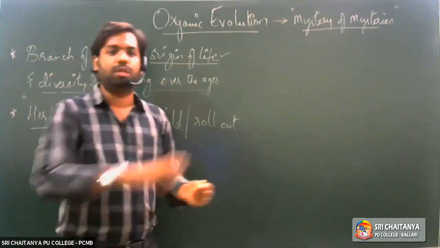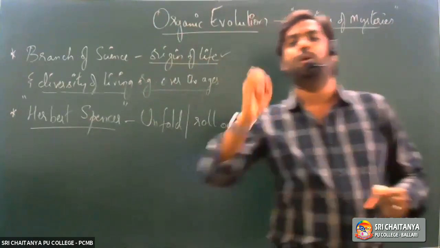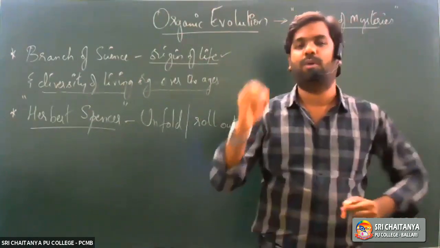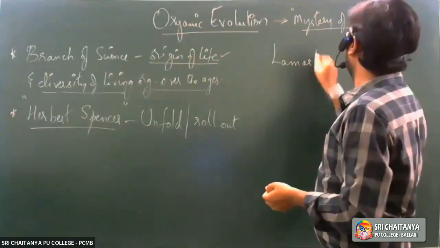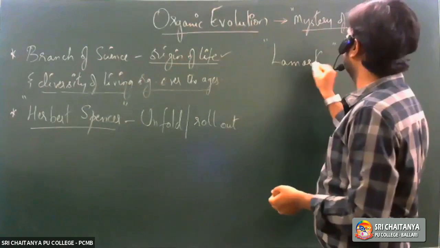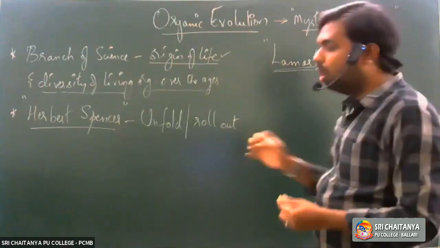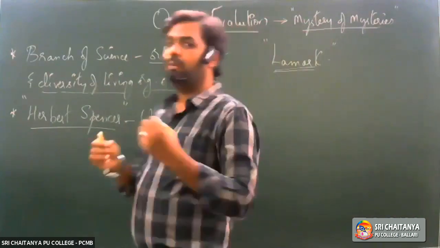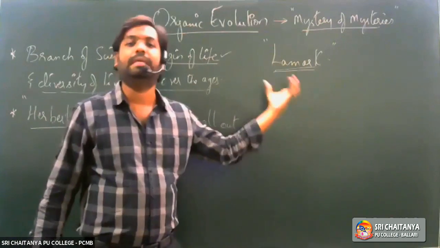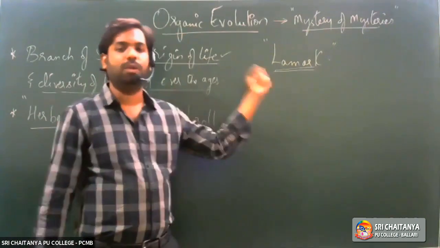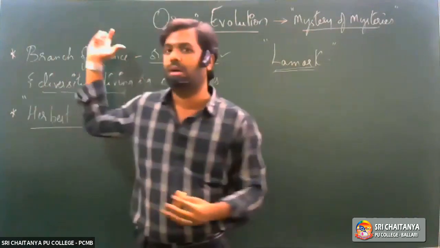Okay. So the concept of evolution starts off with the work of a scientist by the name Lamarck. I hope all are familiar with this scientist, Lamarck. The concept of evolution all began with the work of Jean-Baptiste de Lamarck. He was the one who started work on the topic called evolution.